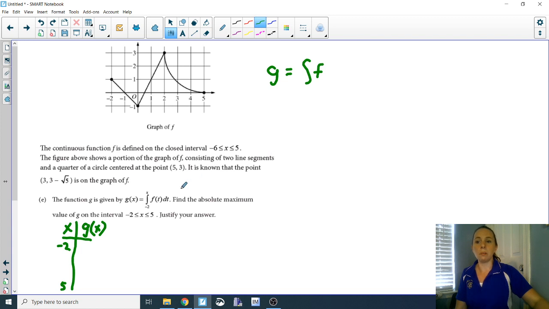Here's the problem. You're asked to find the absolute maximum of g. You don't have the graph of g in front of you. You have the graph of f. You don't have a whole lot of information about g, except that g is the integral of f. If I'm trying to find critical points, that's where g prime equals 0.